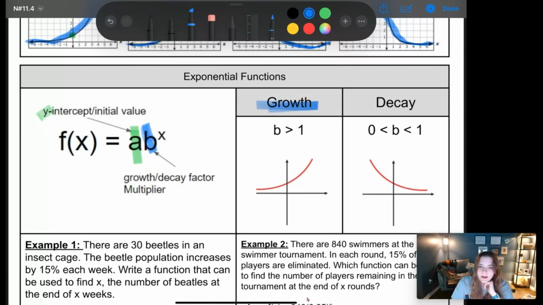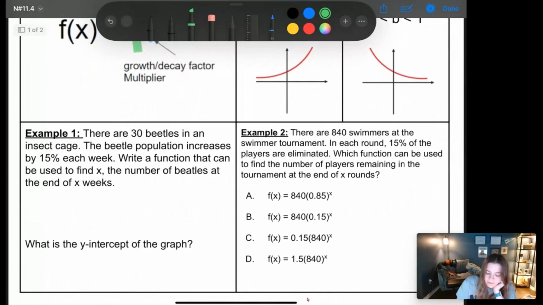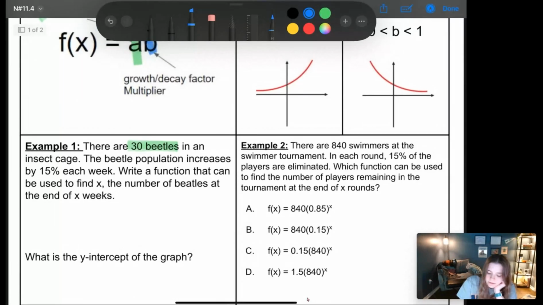All right, now, again, remember, growth is greater than 1, decay is less than 1. A is your Y value, your initial value. Notice it says initial value. That is important, okay? Look at example 1. There are 30 beetles in an insect cage, so my initial value is 30 beetles. The beetle population increases, so this is going to be a growth, which means it is going to be greater than 1.